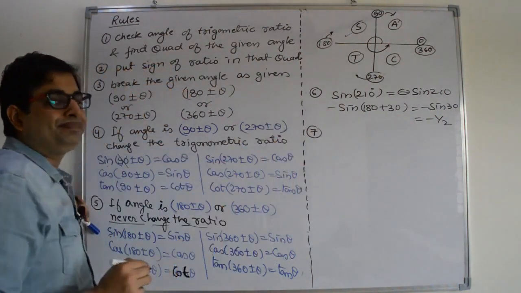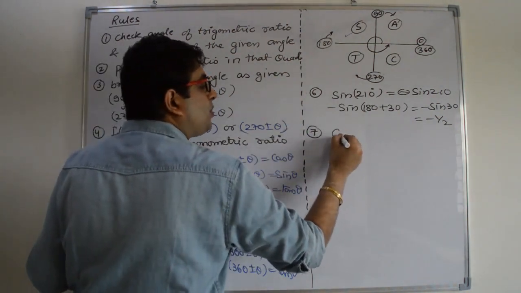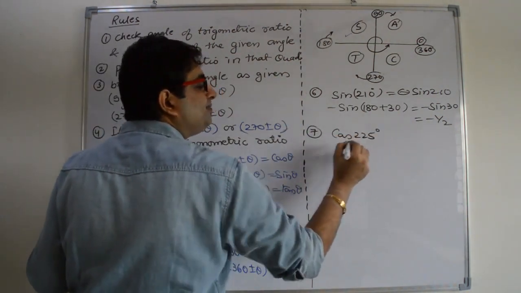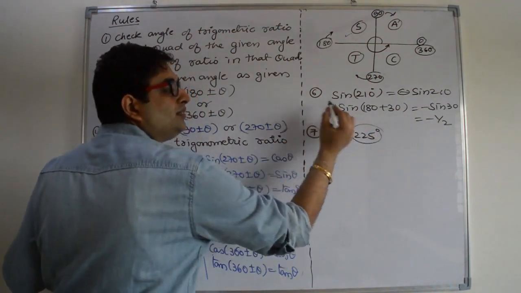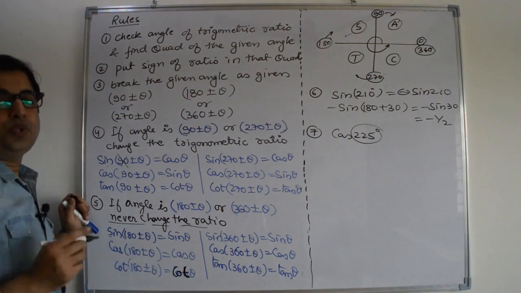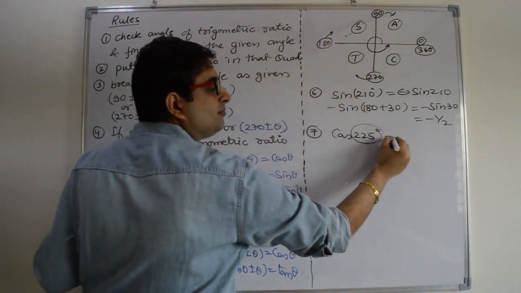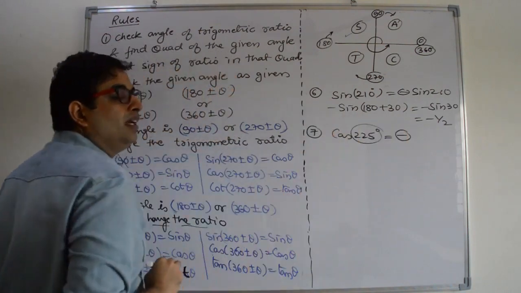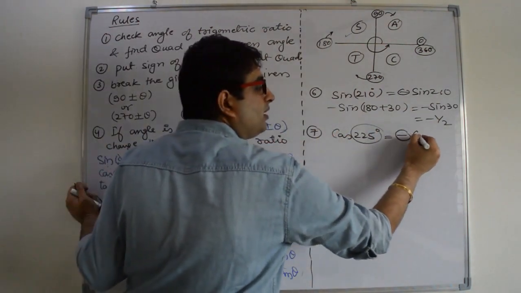Seventh example. Let us take cos 225. Angle 225. Quadrant third. Cos negative. Break this.